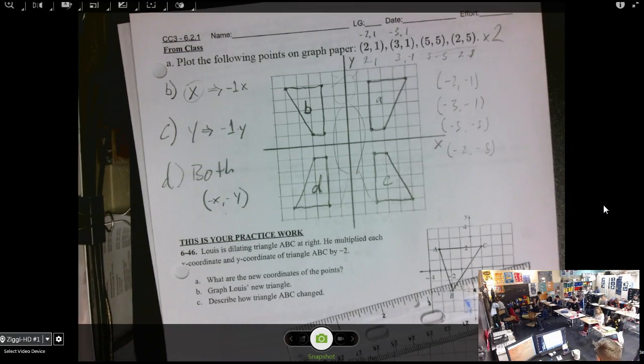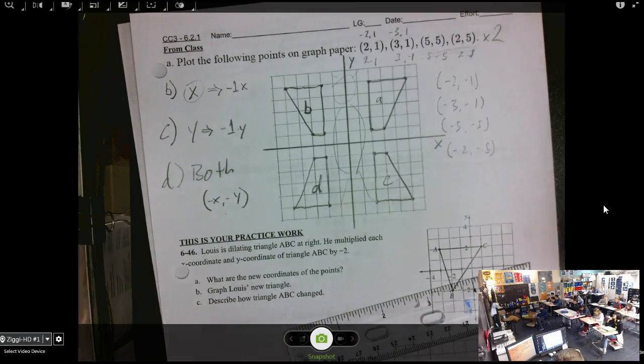So, wait, hold up. Who can formalize what we just said? Like somebody said, well, that's a reflection, but there's a lot of ways that we can reflect. Simon? So for B, you would just reflect along the vertical line?